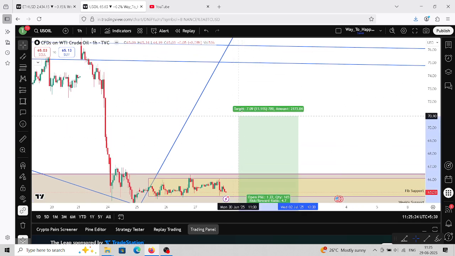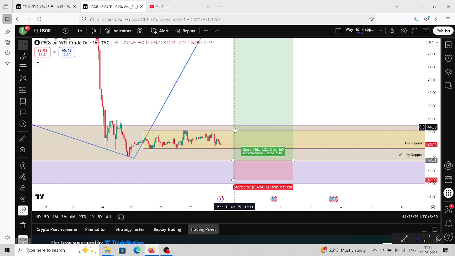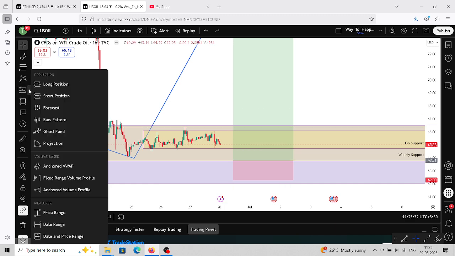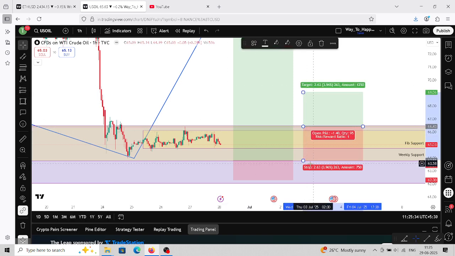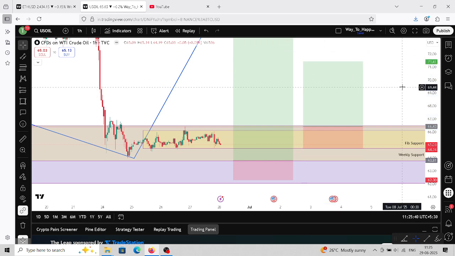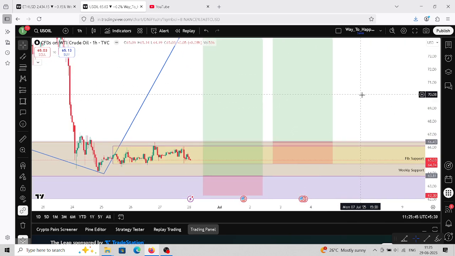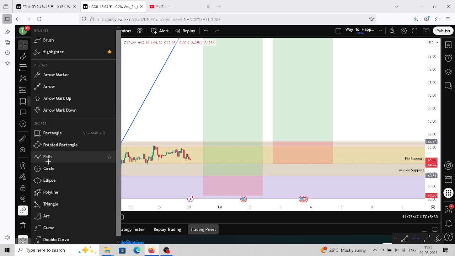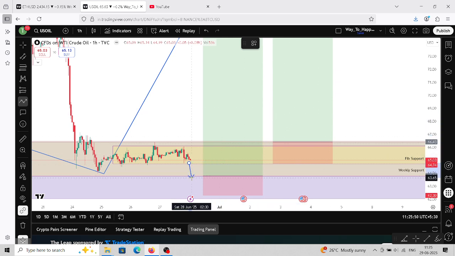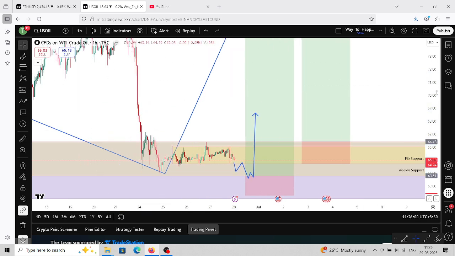Very, very big target. If the prices directly jump, then like this. But I think prices are coming down for some time, and then we will take a trade here. So our setup is this. This is my US oil setup, guys, on a daily time frame.